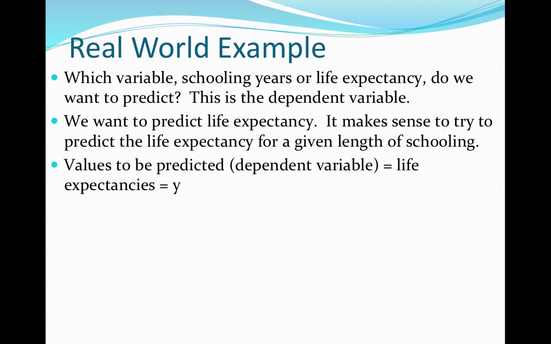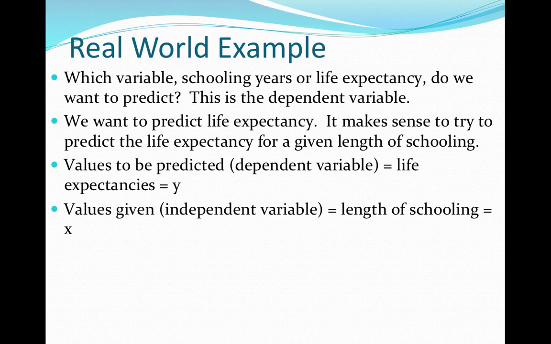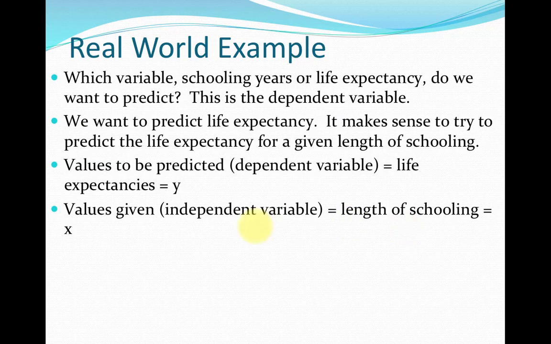Okay, so the values to be predicted, the dependent variable, is life expectancy, and that is the y variable. The values that are given are the independent variable, the length of schooling, and that is represented by x. So imagine that you have the vertical axis and the horizontal axis for the scatter diagram.